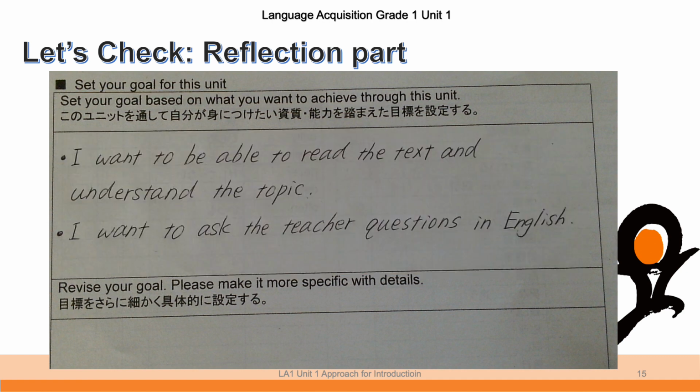For example, I want to be able to read the text and understand the topic. I want to ask the teacher questions in English, like this. After watching this video, you should try to set your goal. Don't worry, you can write your goal in Japanese too.